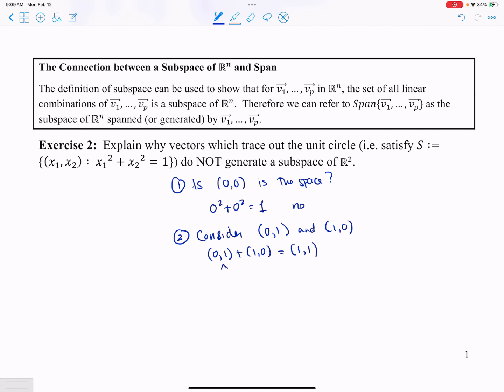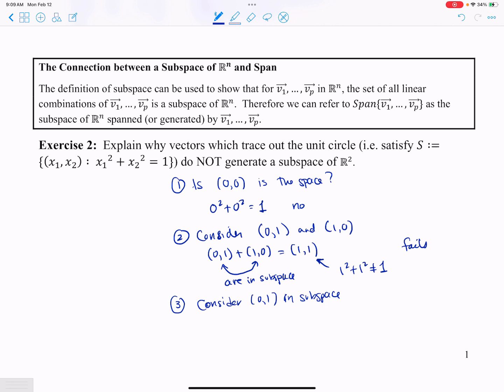If these two are in the subspace, then that means this one needs to be also, but 1 squared plus 1 squared does not equal 1. So the second property fails.